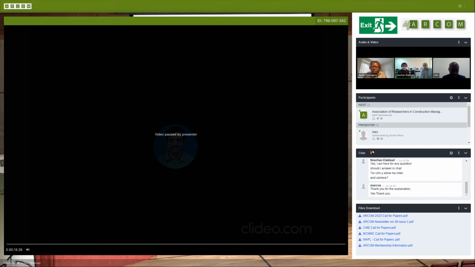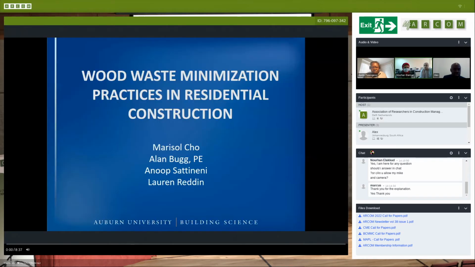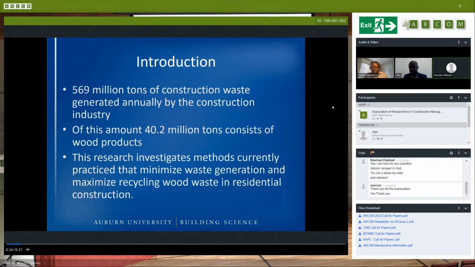Okay, we look at the next paper, which looks into waste minimization practices in residential construction. Greetings from Auburn University. My name is Alan Bugg, and on behalf of the lead author, Marisol Cho, and my co-authors, Anoop, Sattineni, and Redden, thank you for allowing us to present our paper on wood waste minimization practices in residential construction.